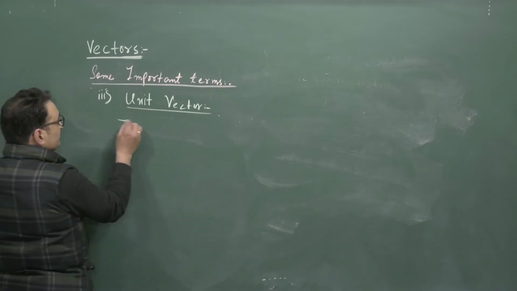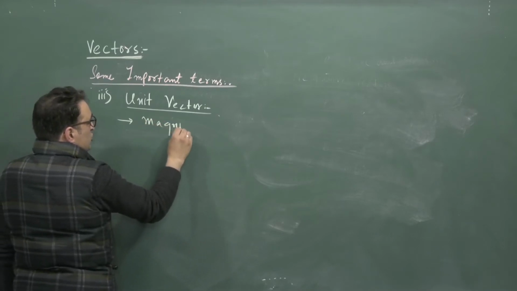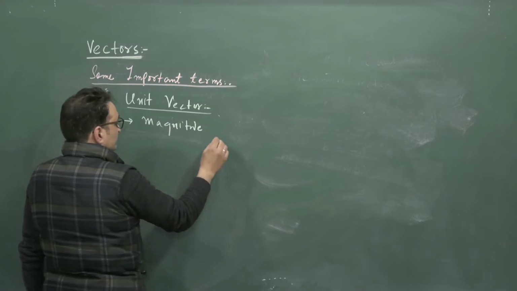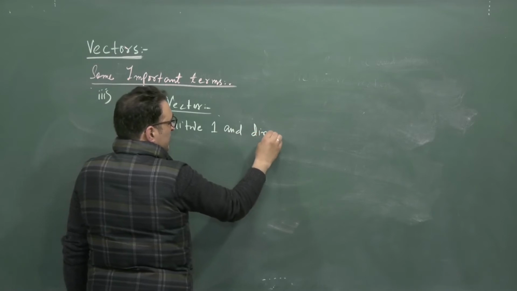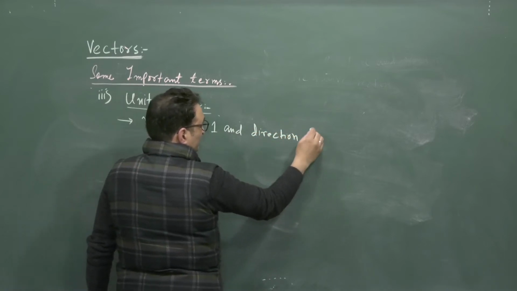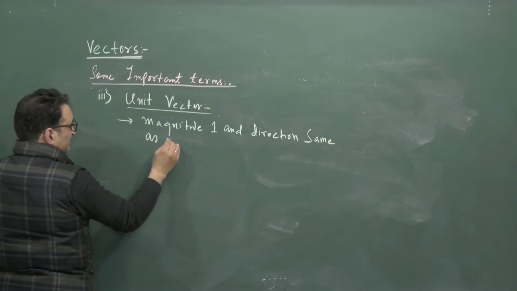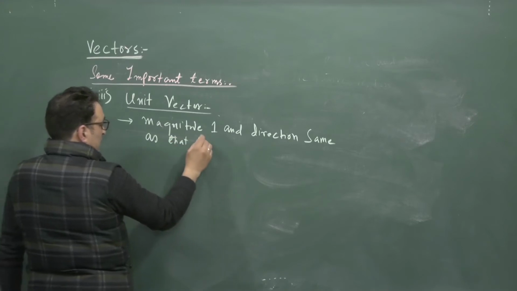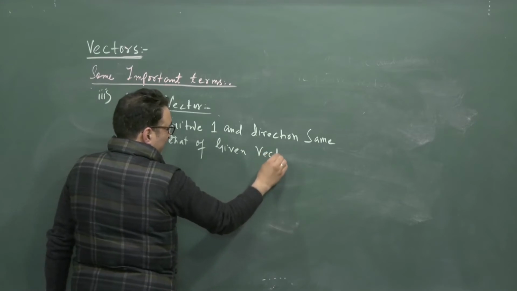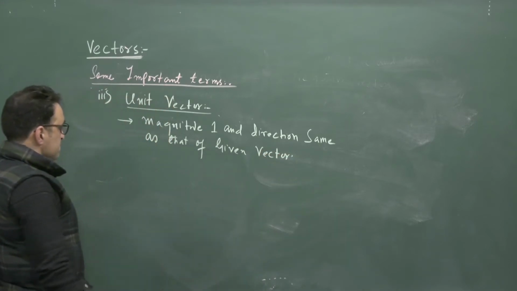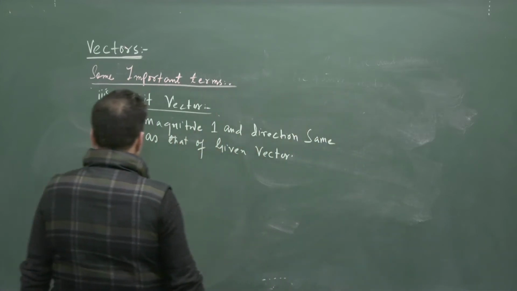Simple definition: magnitude 1 and direction same as that of the given vector. This is the simple definition. Magnitude 1 and direction same as that of the given vector.